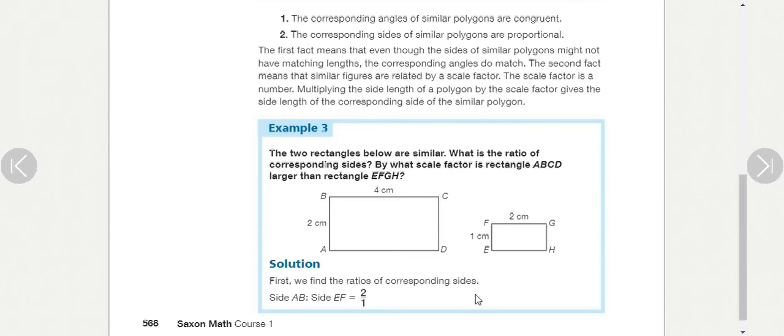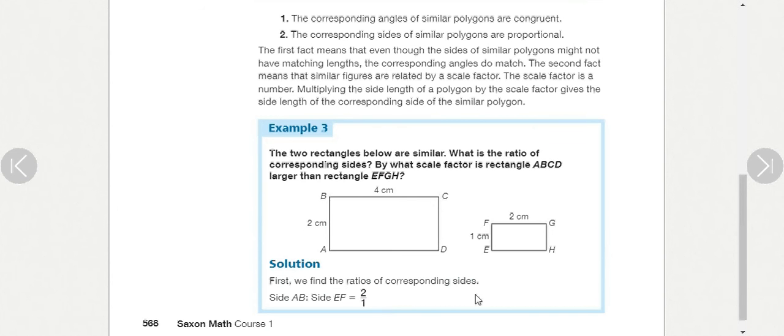Similar figures are related by a scale factor. The scale factor is a number. Multiplying the side length of a polygon by its scale factor gives the other side length, the corresponding side length for the similar polygon. Example 3 says the two rectangles below are similar. So not the same size, but the same shape.